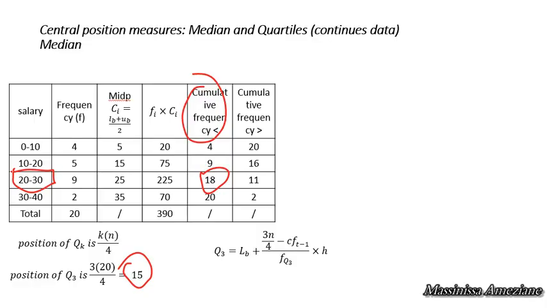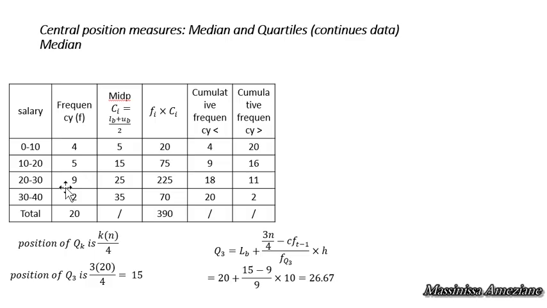Now Q3 exactly is the lower boundary of this class plus the position of Q3, which is 3n divided by 4, which is 15, minus the cumulative frequency of the class before, which is 9, divided by the frequency of Q3, which is 9, times h.